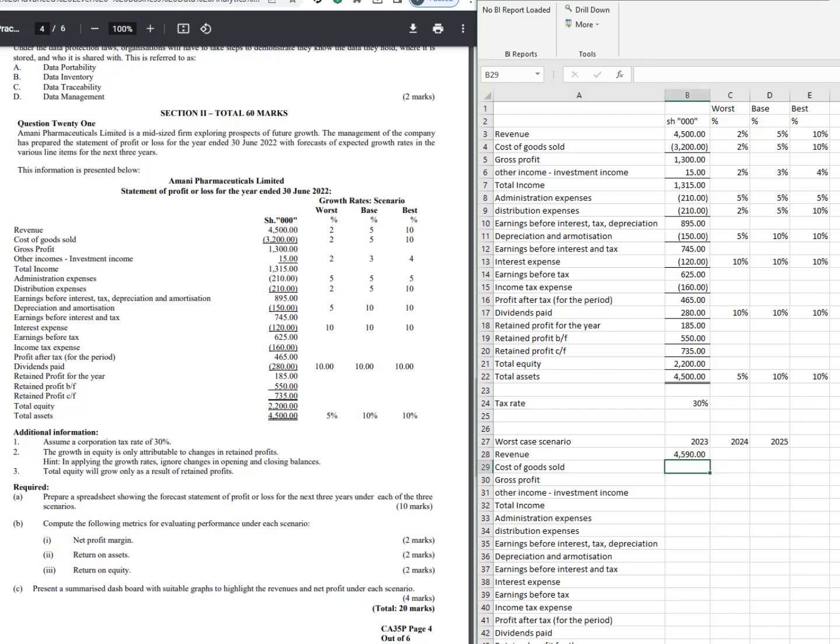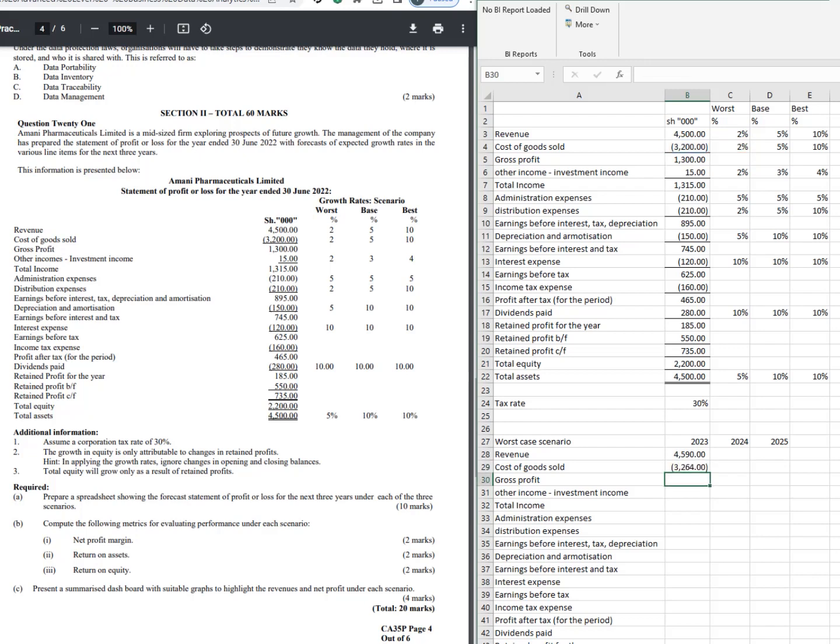So we go down for cost of goods, we do the same. And here, a simple trick. We write the equal sign, we click on B4, then we multiply by 1 plus the growth rate, 2% here.